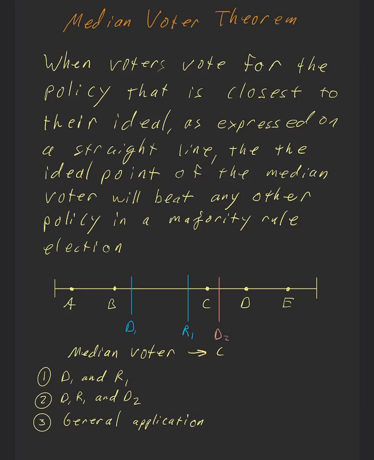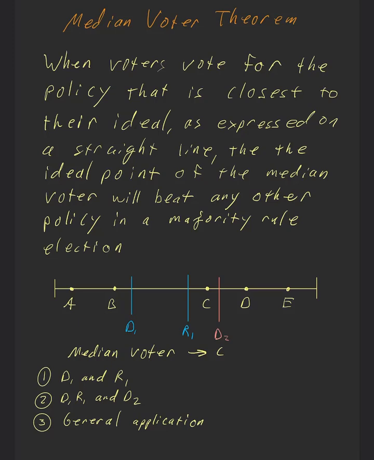And let's consider for a second, well, first, what's the median voter? Well, the median voter is C. Notice that's not the average, it's the median, right? So our voters that are to the left of C are A and B, and to the right are D and E. That makes C the median voter.